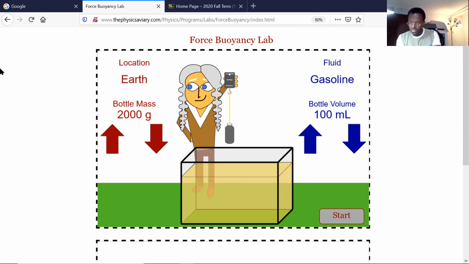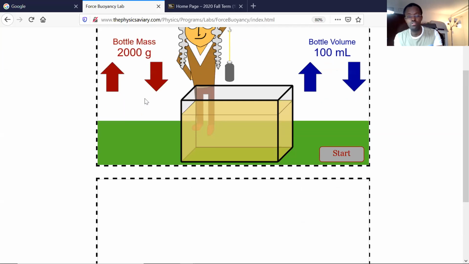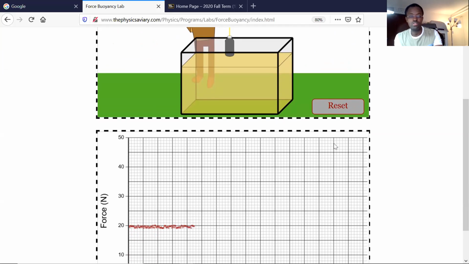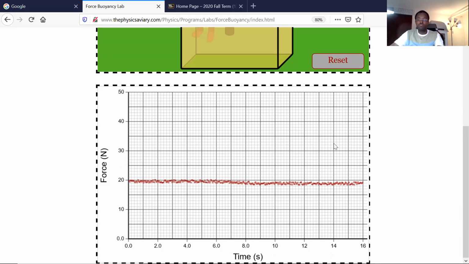Okay. So let's start. Okay. Nothing. Because it hasn't entered the fluid, the apparent force is constant. All right. So what do you see?